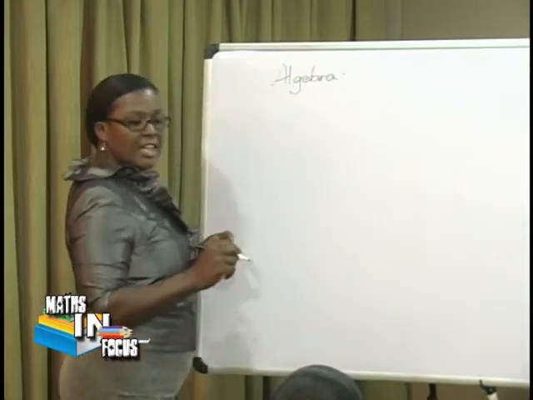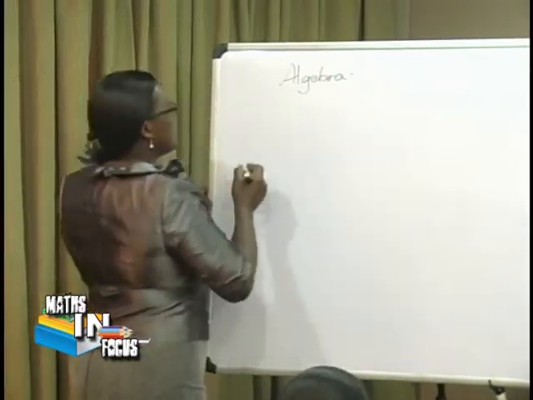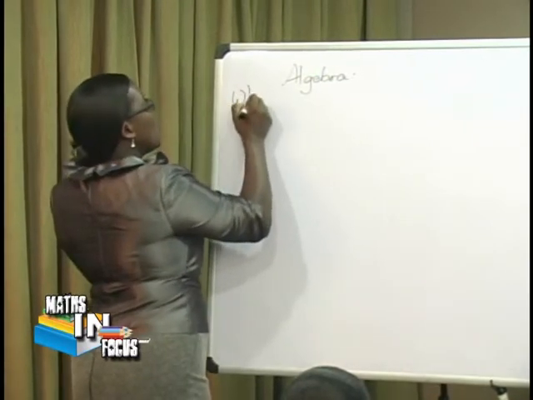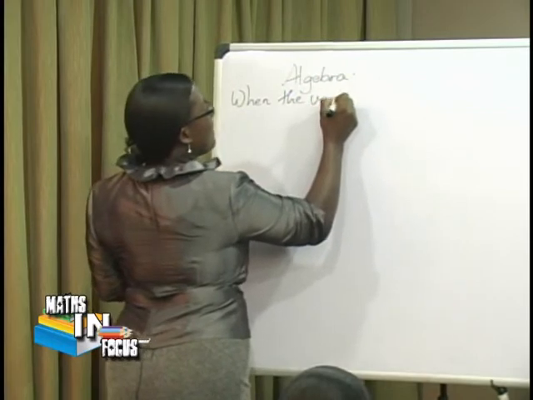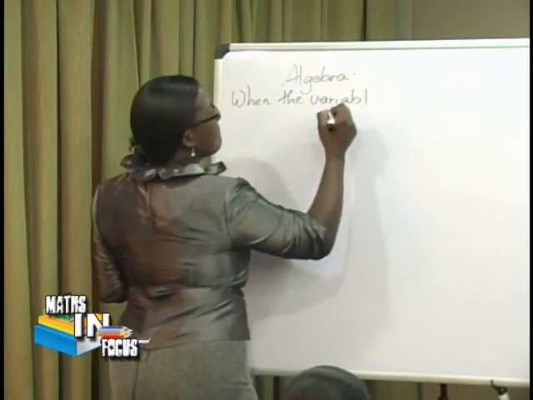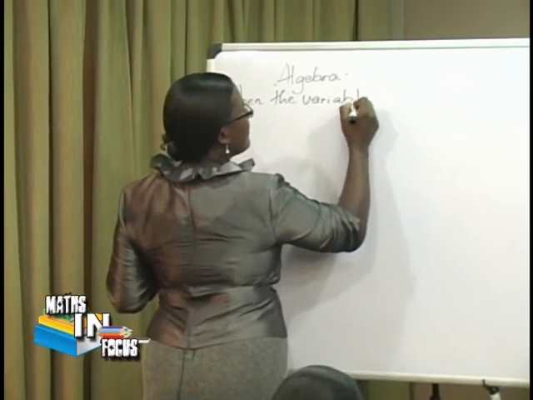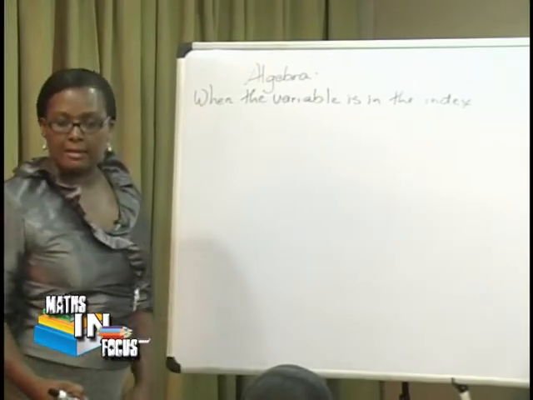The first kind of equation we're going to look at is when the variable appears as the index.